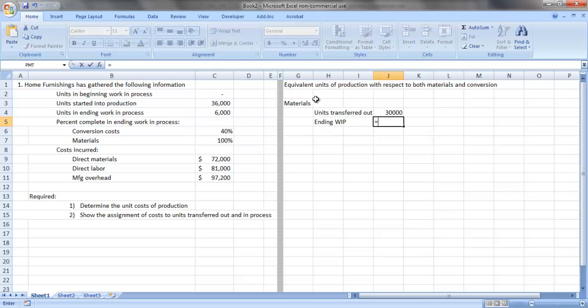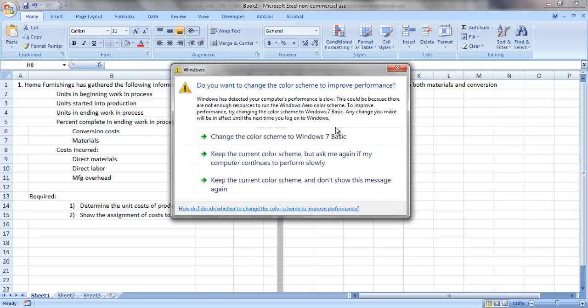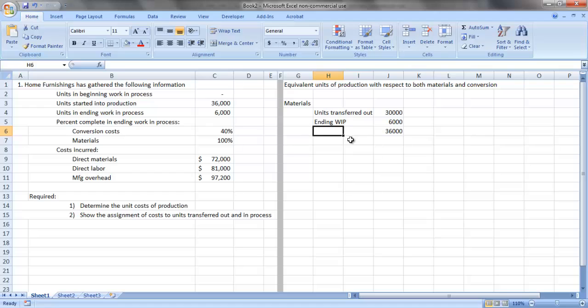So we had 6,000 physical units in ending work in process that were 100% complete with respect to materials costs. So 6,000 times 100%. When we add those two numbers together, we see that we had 36,000 equivalent units of production with respect to materials for this period.